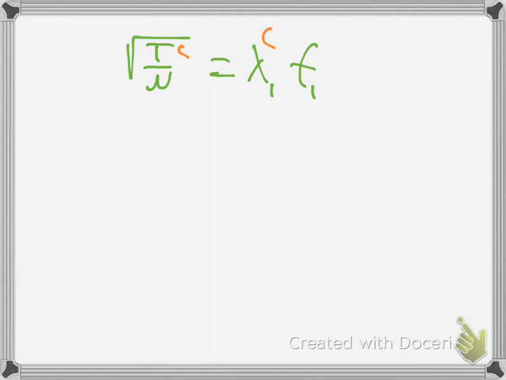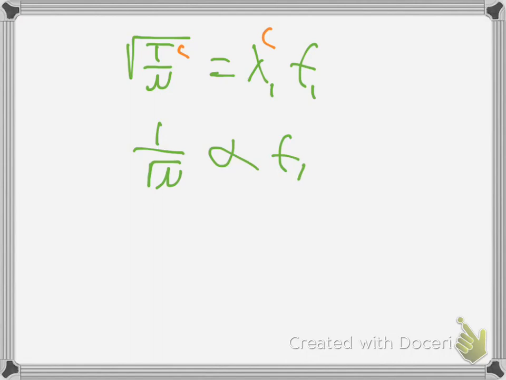To quickly simplify the math, because oftentimes in physics we just care about proportionalities, what we're left with is that the fundamental frequency is proportional to 1 over the square root of mu.